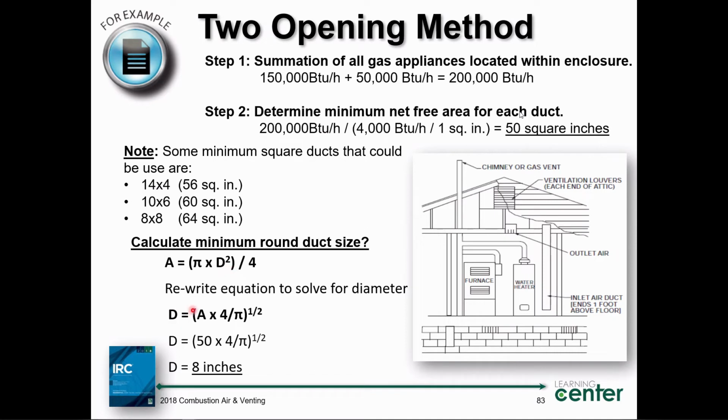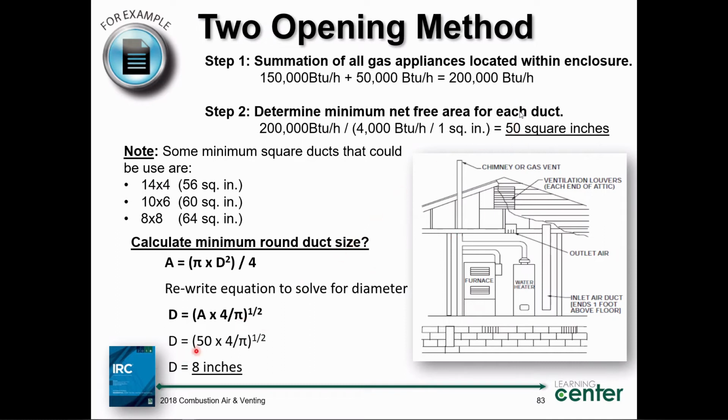I didn't have a square root symbol, so I had to raise it to the half power. This is math class, but it's pretty simple. Everything in the parentheses is the square root, or if you have a scientific calculator, raise it to the half power. You'll get the same exact answer. So I take my minimum area that I calculated up here.